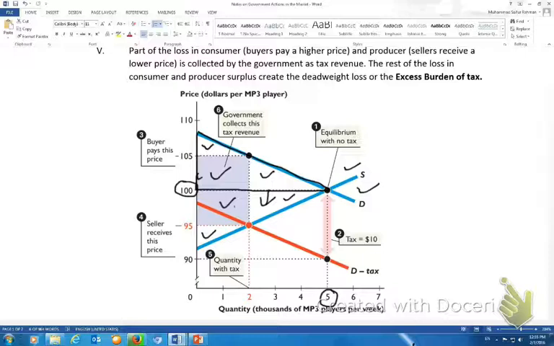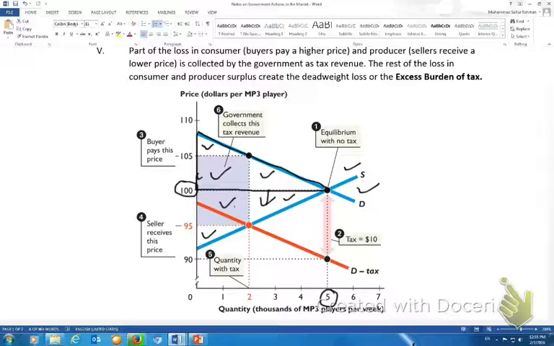I'm not going to draw anything at this point. Imagine now the government imposes a tax. Let's imagine that the tax is about $5. I apologize, it's a $10 tax. Now when the tax is imposed on the buyer, this will be like taking $10 away from our consumer.